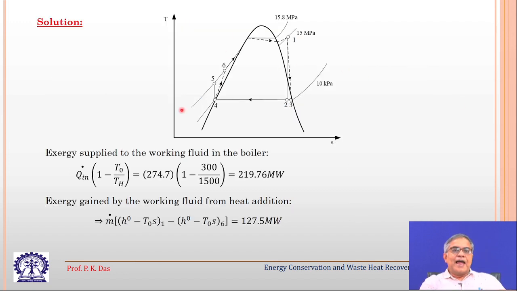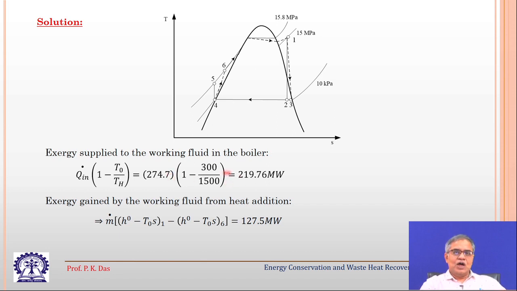So this is the cycle, and then the exergy supplied to the working fluid in the boiler we can find out. This is the actual amount of heat supplied, which we calculated in our previous problem, a few slides before, by calculation of enthalpy. It is simply H1 minus H6, which gives per kg of mass how much heat is supplied, but that heat is not equivalent to exergy.